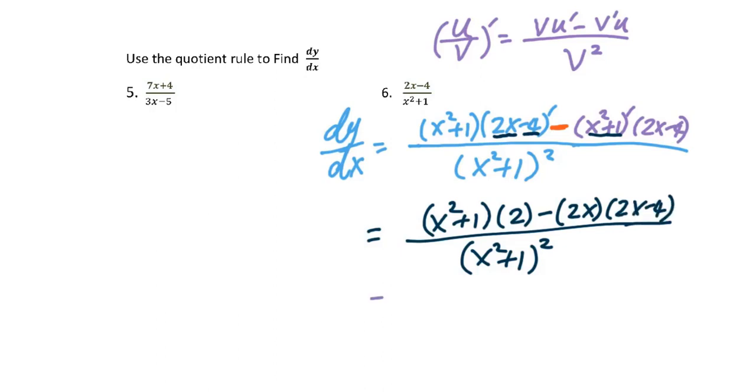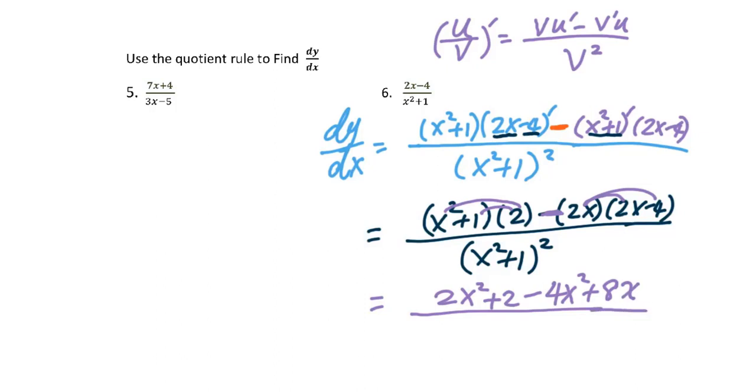Now we simplify with the distributive property here. You get 2x squared plus 2. Then this distributive property, take this negative sign, so you get negative 4x squared plus 8x. The denominator will be x squared plus 1 squared. Then we organize.